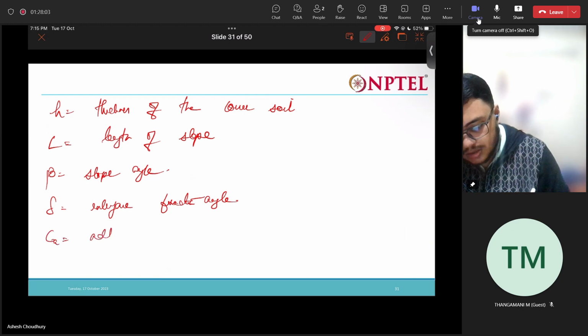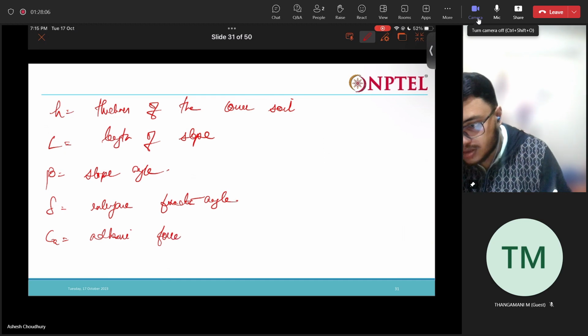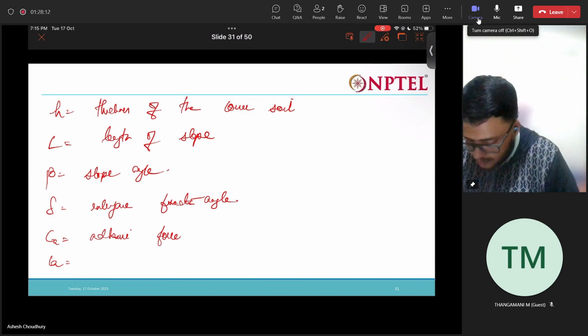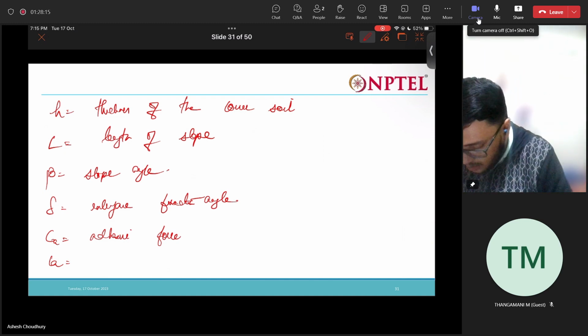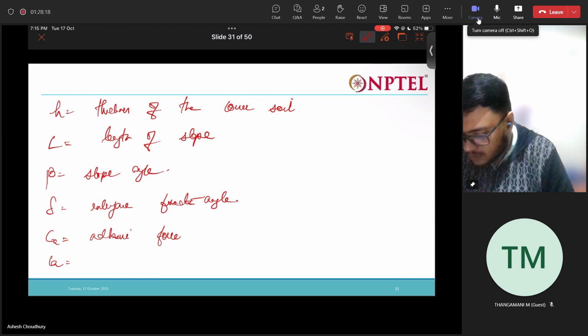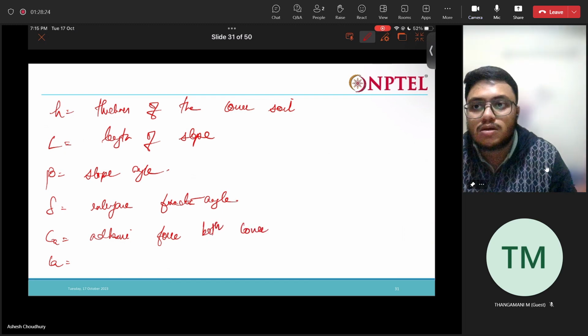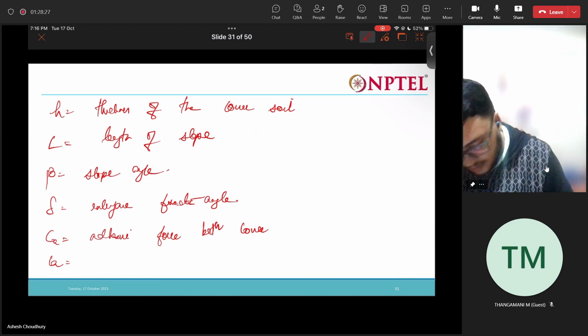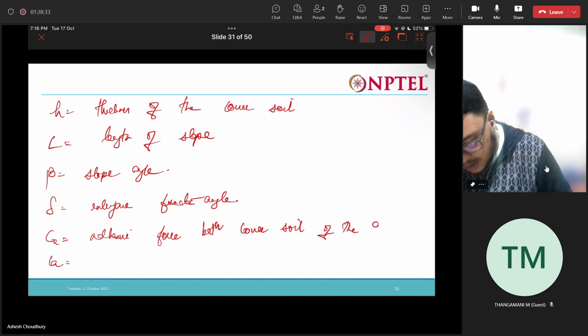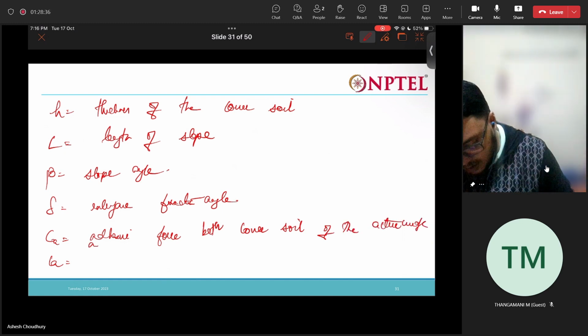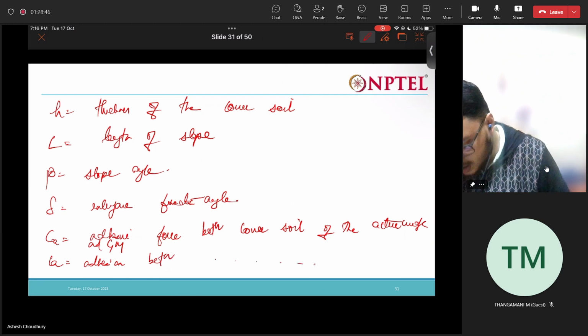CA is the adhesive force, the adhesive force between the cover soil of the active wedge and the geomembrane. This is the adhesion between the cover soil and the active soil, the same.